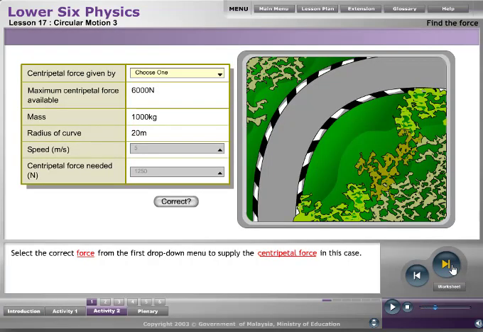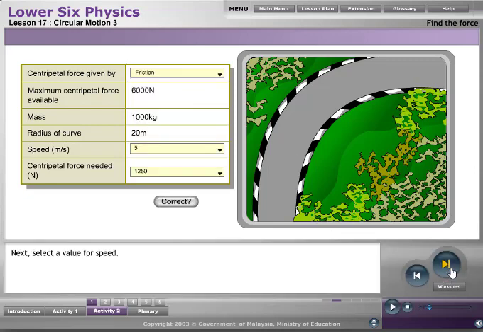Select the correct force from the first drop-down menu to supply the centripetal force in this case. Next, select a value for speed. Then select the correct value for centripetal force.